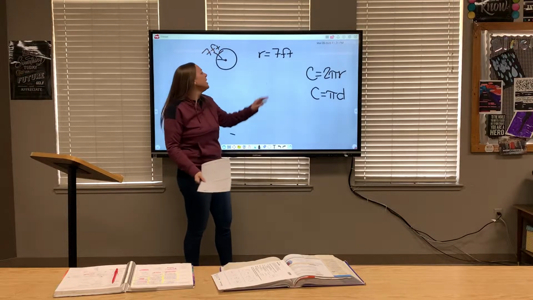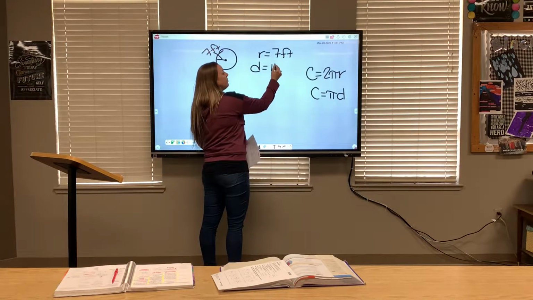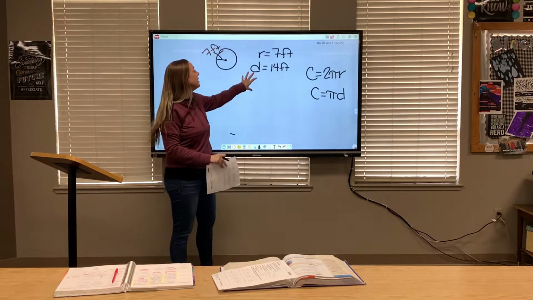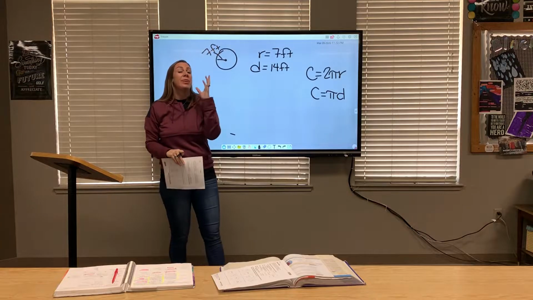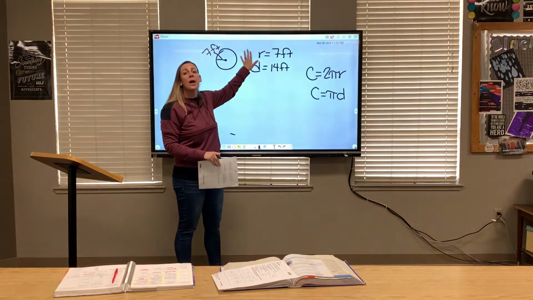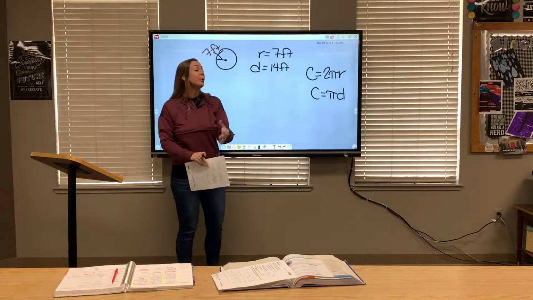Let's go ahead and start with this. If my radius is 7 feet, my diameter is going to be 14 feet, because it's times 2. In order to get the diameter, I multiply by 2. So that's going to be what I ask you to do as your first step. If you're given the radius, go ahead and write down the diameter. It's going to help you figure that out a little bit quicker, okay?